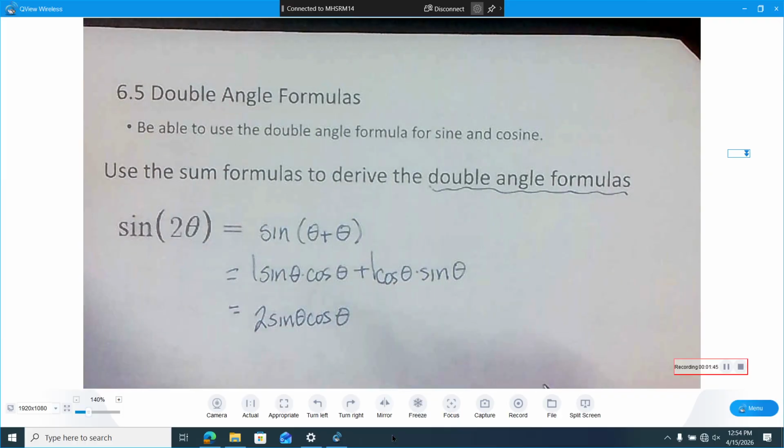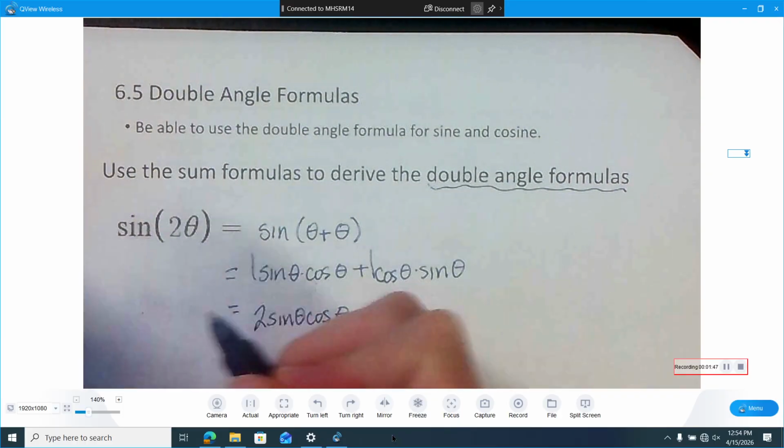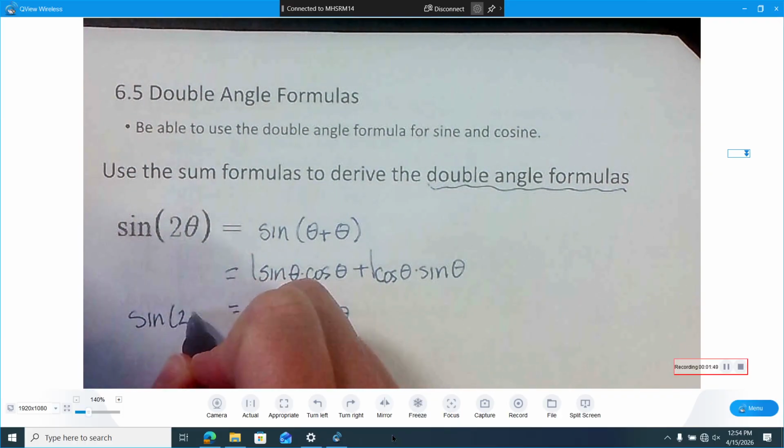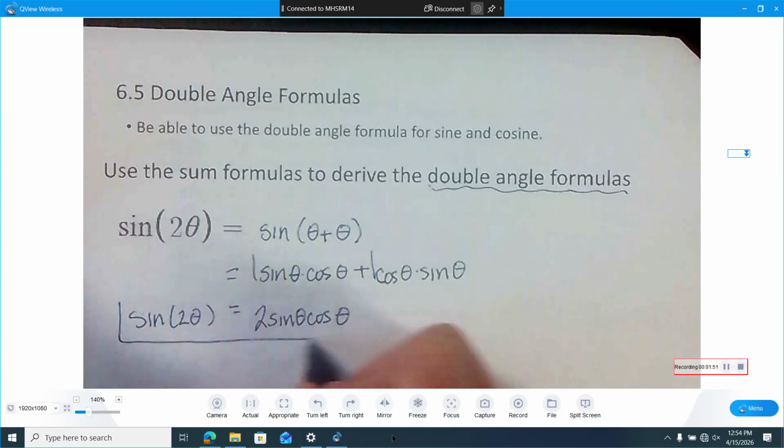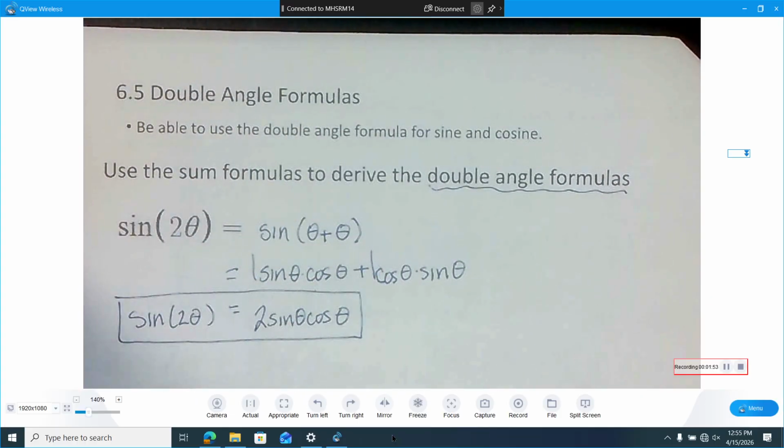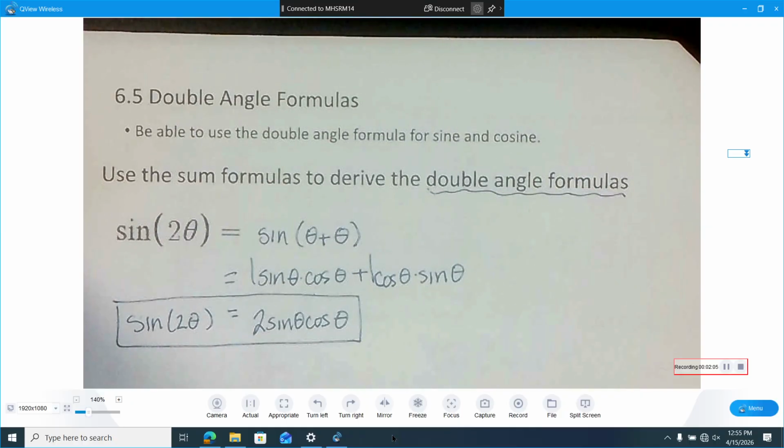This is the first double angle formula. The sine of twice an angle is simply 2 times the sine of the angle times the cosine of the angle. And so that's a really easy one. This is the math that I really love. It's super fun. Okay, so that's for sine.